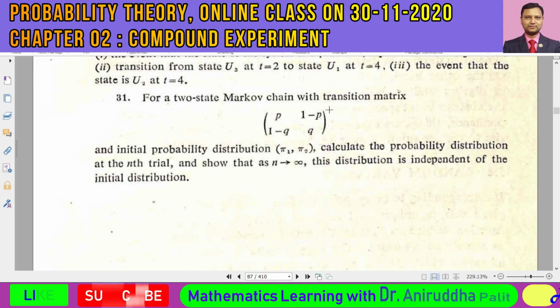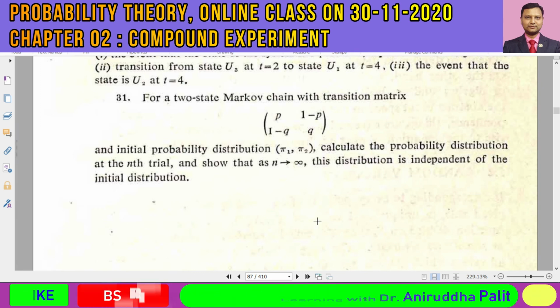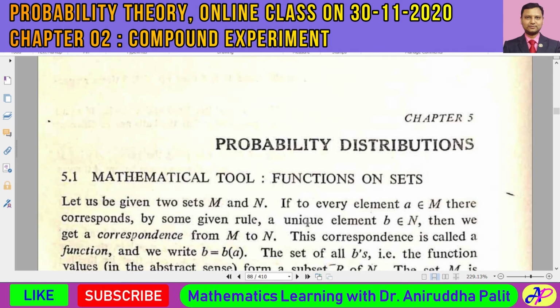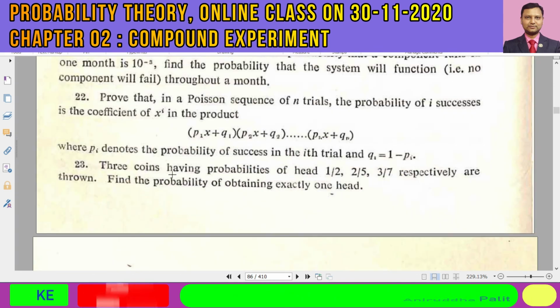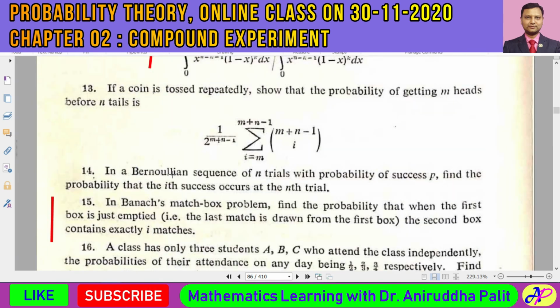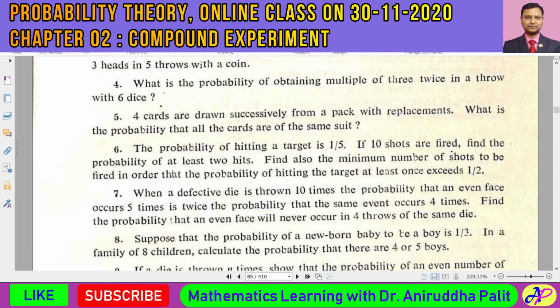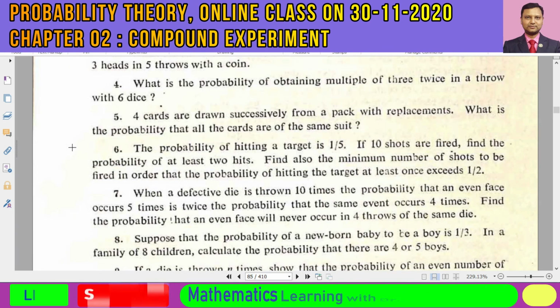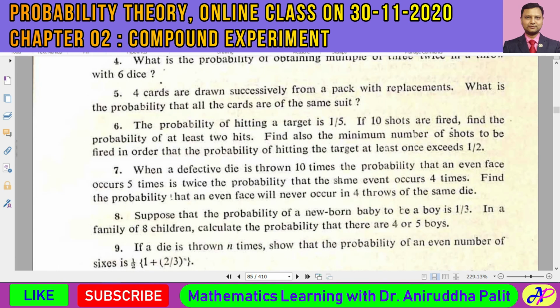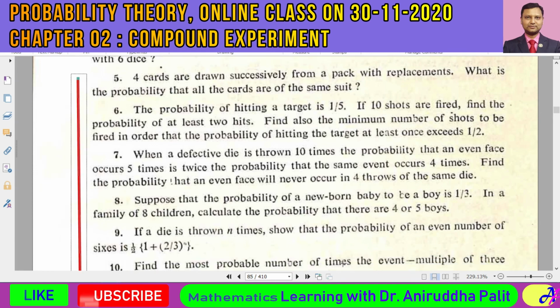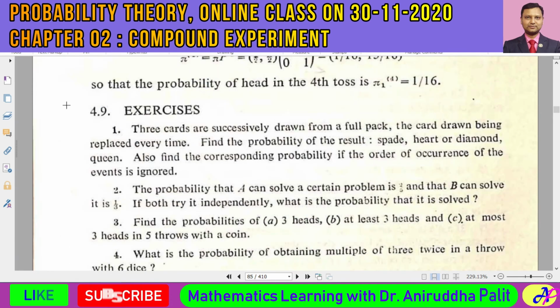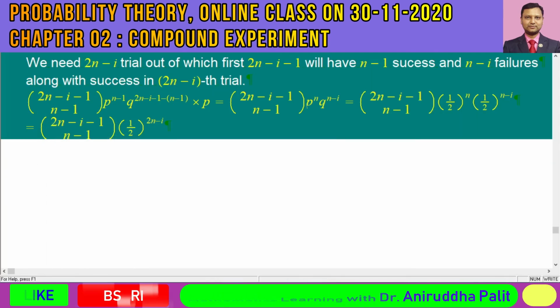Thus one or two such special problems are to be discussed. So from my end, this is all about chapter number 2, and in the subsequent lectures hopefully I would be able to start the next chapter. If you have any other problem, you can contact me, and please go through problem numbers 5, 6, 7, 8, etc. These are very easy problems, and I will post some problems.